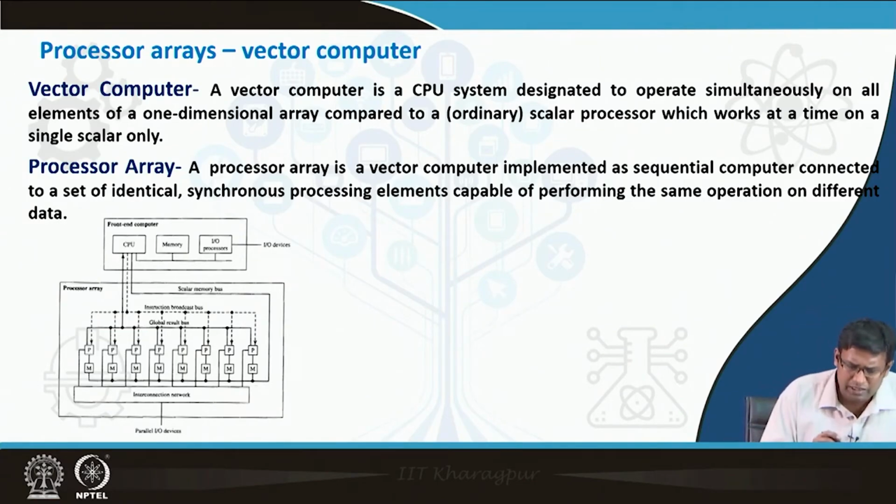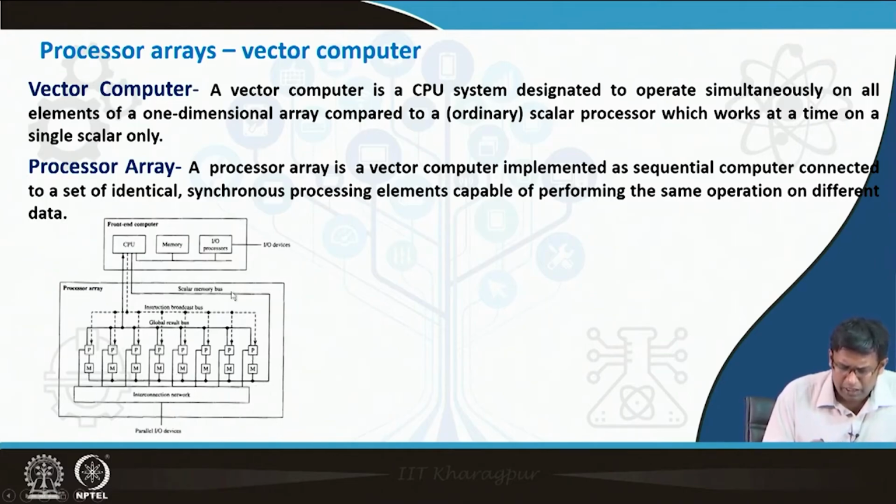Well, but let us see what is in a vector computer. There is a CPU which has its own memory and IO devices. Now, this CPU is connected through a scalar bus to an interconnect network switch, and this switch further connects different processors which have their own small memory units, and they are again connected to a global result bus, and this result bus is connected to the CPU.